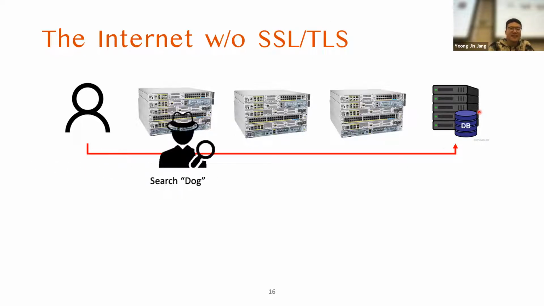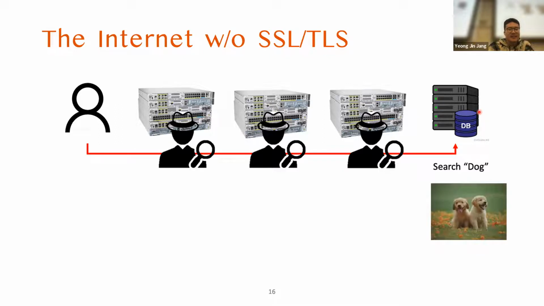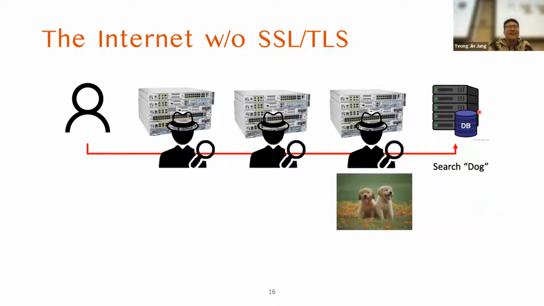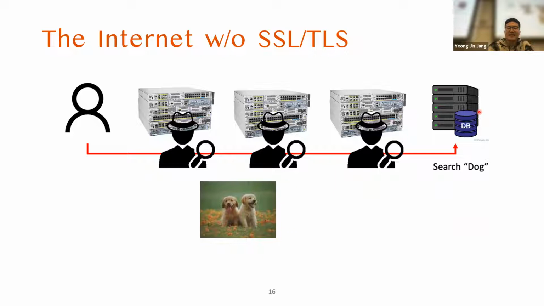The first router knows that I searched for a dog, and it will redirect it to the second router, which also knows I searched for a dog. The third router is the same, and then the server will get the request. The server will prepare the search result and send it back. Same thing: they can all see the search result.